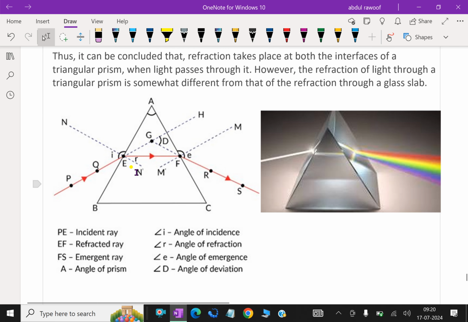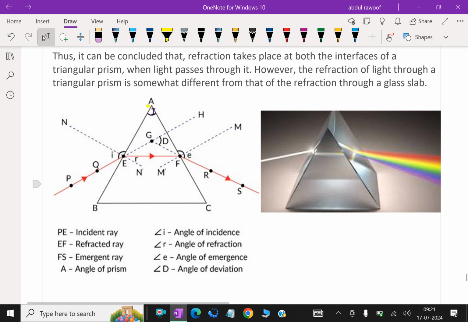PE is the incident ray and EF is the refracted ray, FS is the emergent ray.